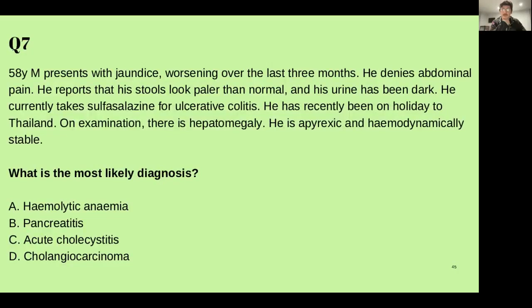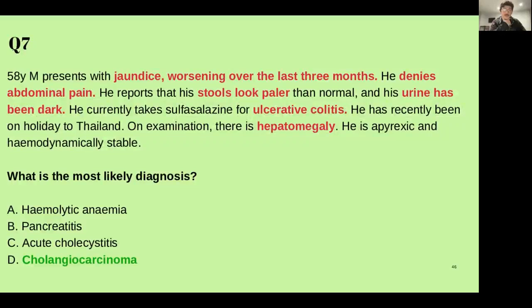All right, so cool, time there. So cholangiocarcinoma. Why is it? So I suppose first of all, looking at the time frame, so 3 months he's had jaundice, so it's a gradual process. It's probably not acute pancreatitis if it's been going on for 3 months. He hasn't got abdominal pain, again probably not pancreatitis then, or cholecystitis.